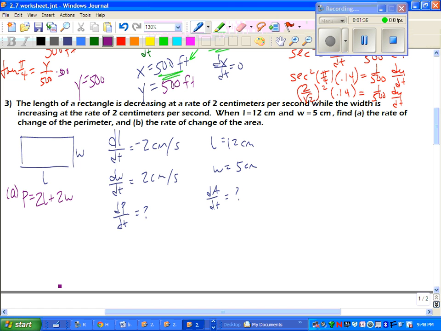I want you to go ahead and take 30 seconds to figure this one out. Figure out what dP/dt is.